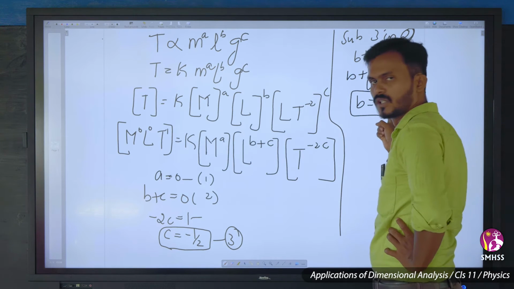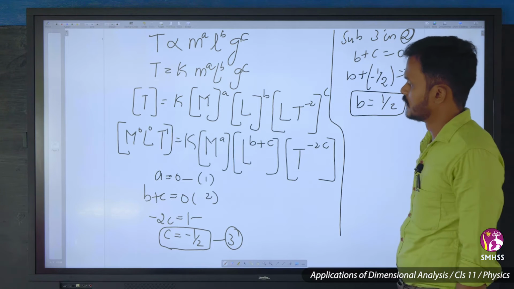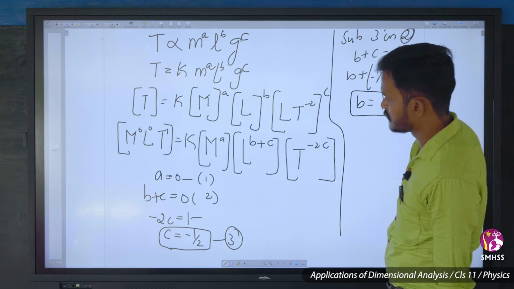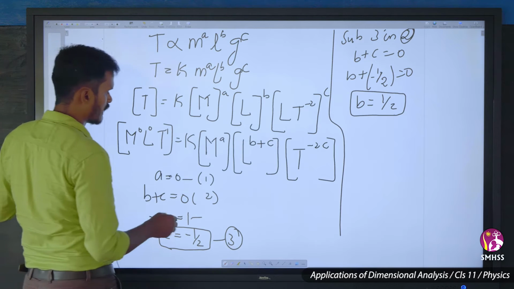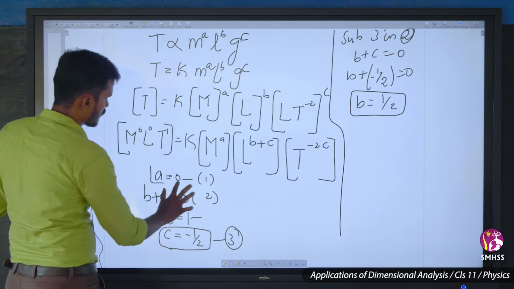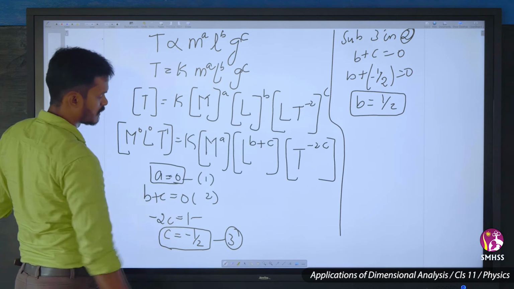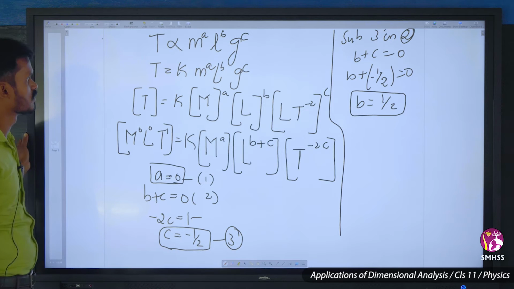Now, substitute b is equal to 1 by 2 in the first equation. a is equal to 0. So, a is equal to 0, b is equal to 1 by 2, c is equal to minus 1 by 2.